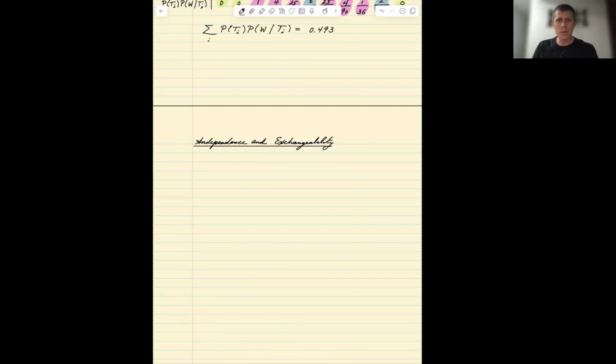In the craps model, we made an implicit assumption, without really saying it because we hadn't introduced it yet, that the rolls were independent. And what does that mean? Definition.